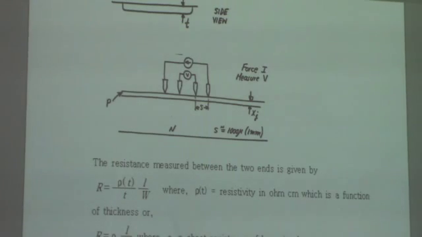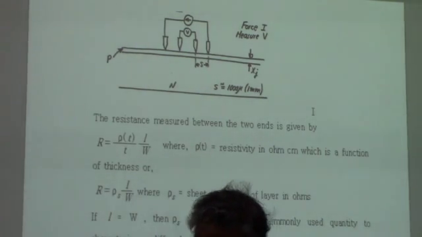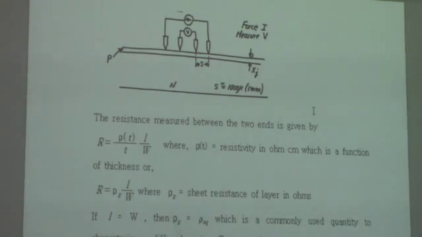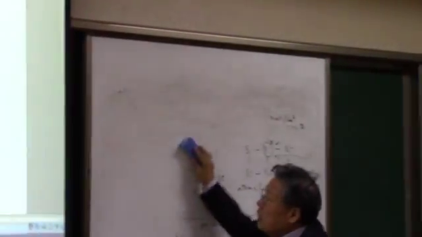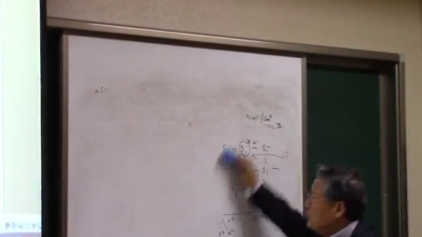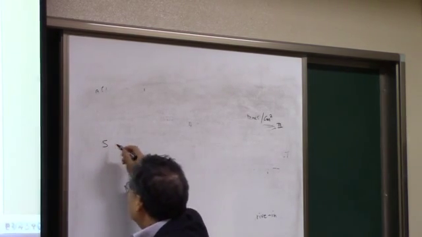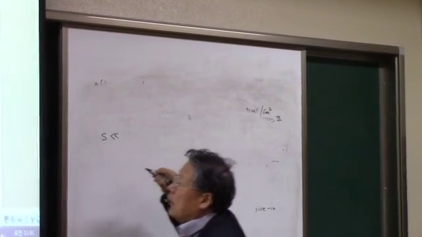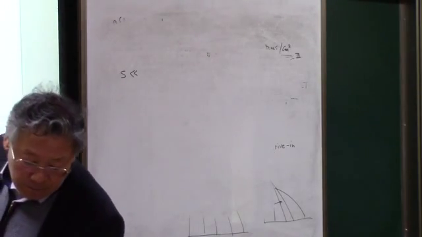And with the proper assumptions, in this drawing, we can assume that the S is sufficiently small, S is sufficiently smaller than the physical probe spacing.